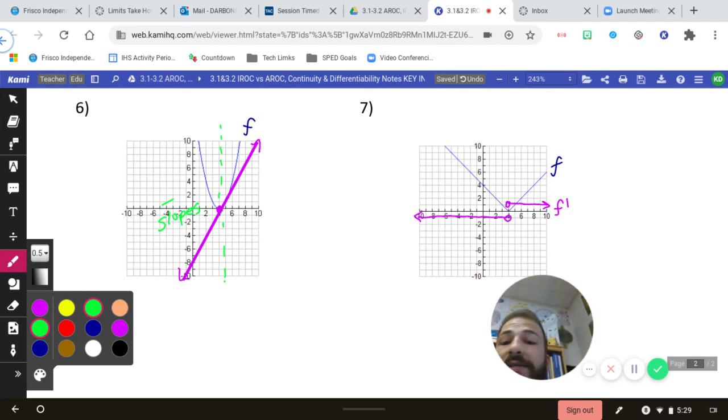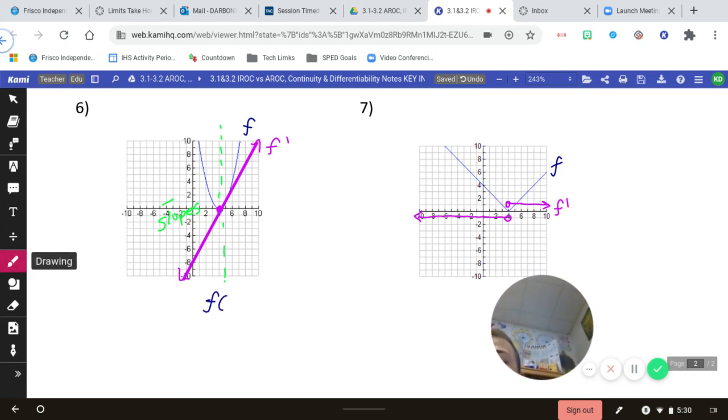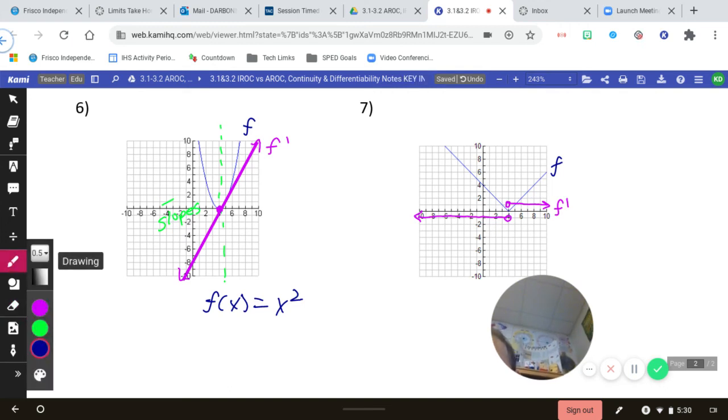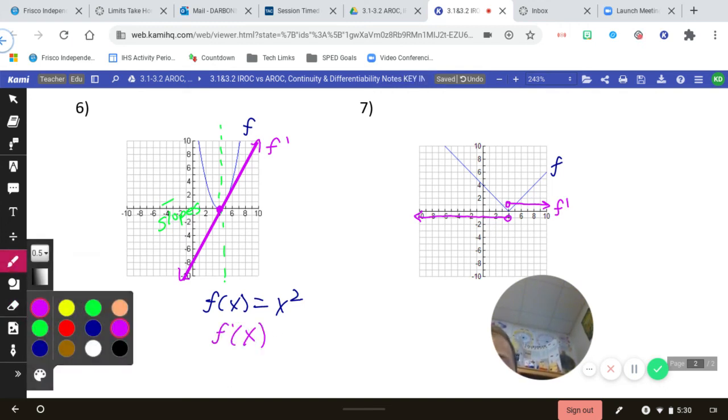So I cross right here with f prime. And then all of a sudden on the other side of my parabola, my slopes become positive. So that's why my f prime graph would just be a linear line, which from what we know of our functions, if f of x was equal to x squared, f prime of x would equal 2x. The derivative of a parabola should be a linear line, so those equations should match up.